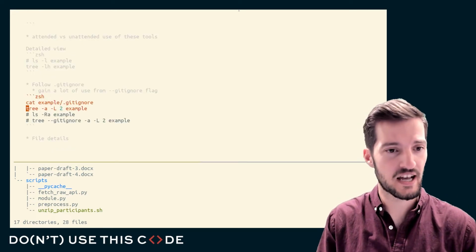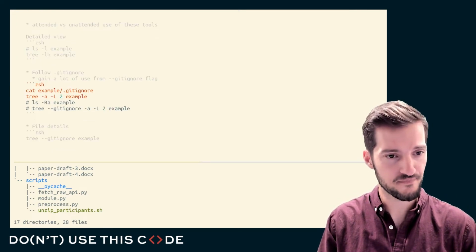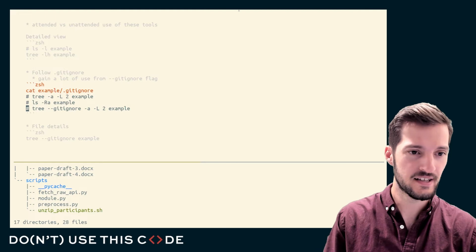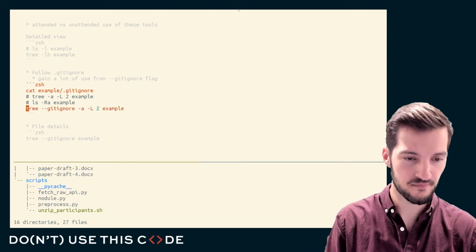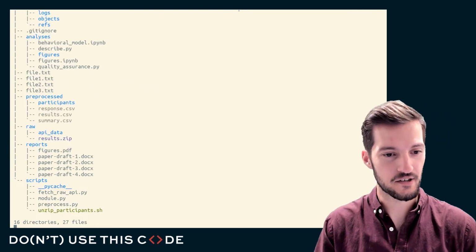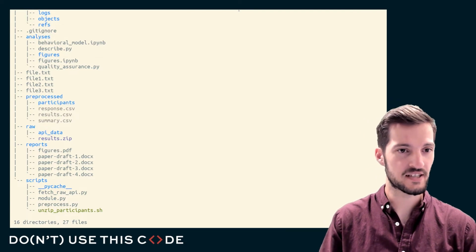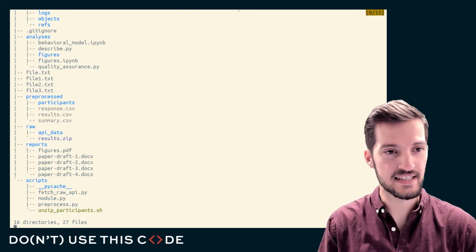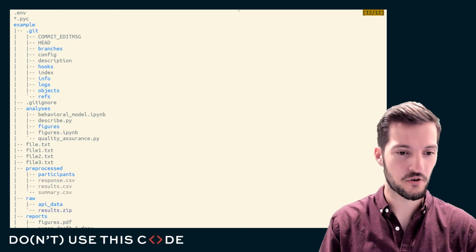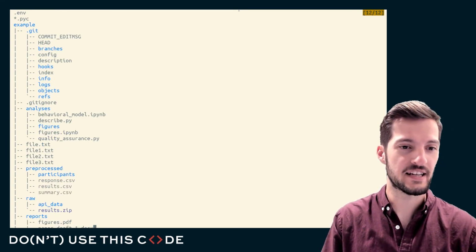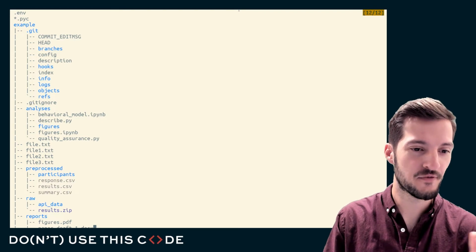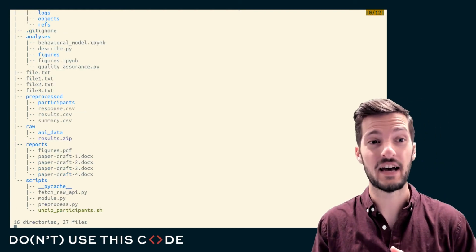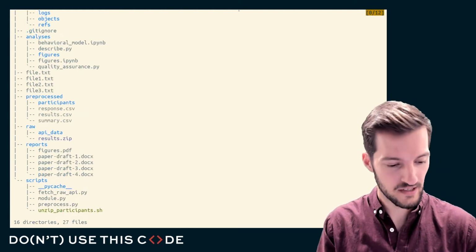That just happens to not be the default here. When we add in this gitignore flag, you can see that our .gitignore is respected. We're not getting any of the .pyc files that we were earlier, and we're not getting any of the files that exist under our .env folder.